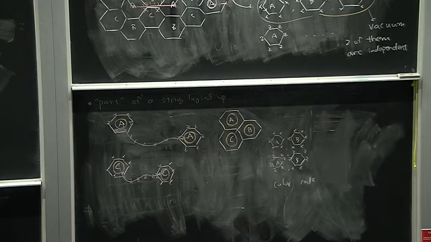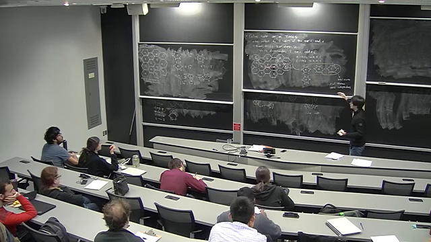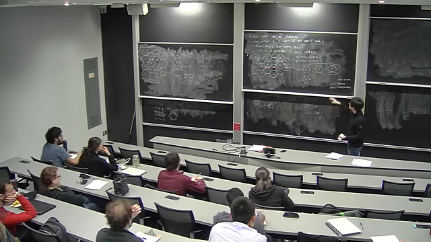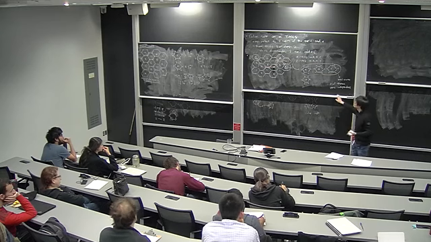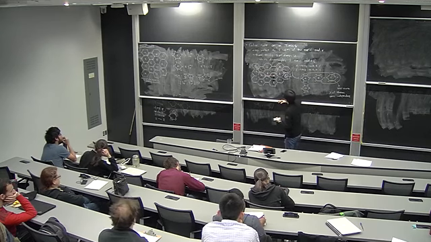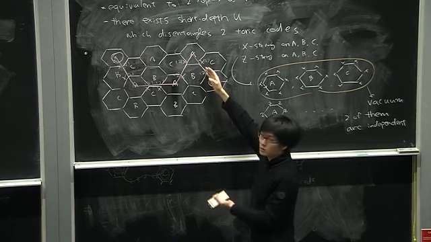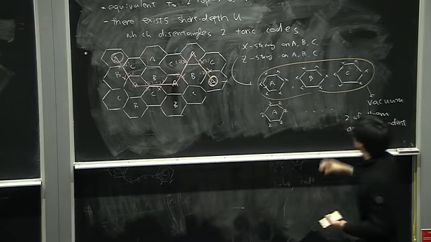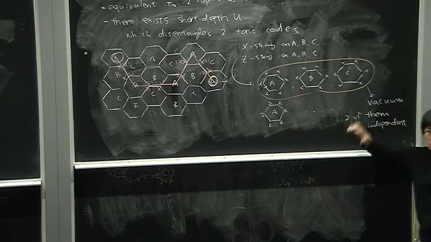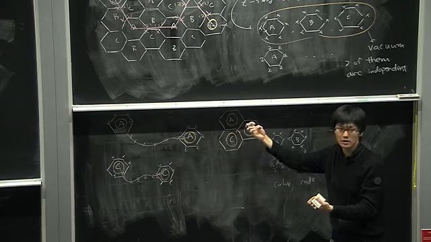Yes? Sorry, can you explain how you get the vacuum and how there's only 2 of them that are independent? Oh, right. Suppose that in this system you have 3 excitations, A, B, C, somewhere in the lattice. I didn't explain this, but if you have an excitation in this location, by using this string operator, you can move this excitation anywhere with label A. Then if you have excitations with these 3 labels somewhere on the lattice, you can move them together, arrange them in the following way, and later annihilate them together.